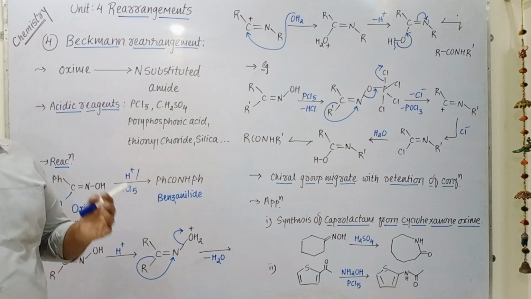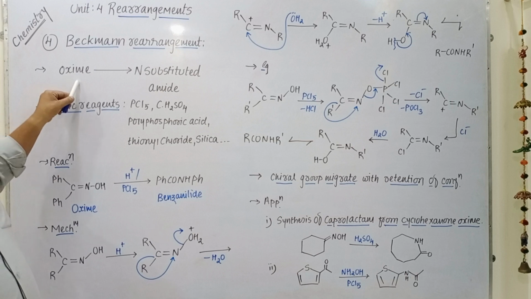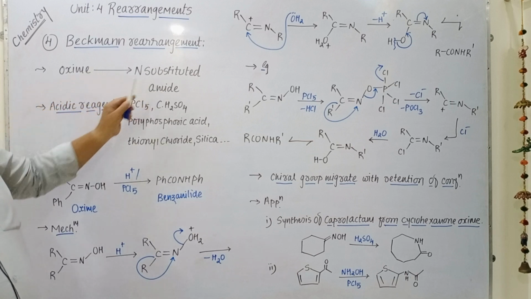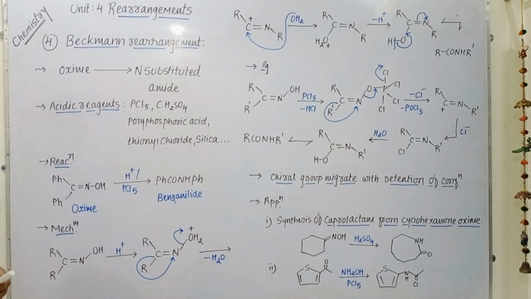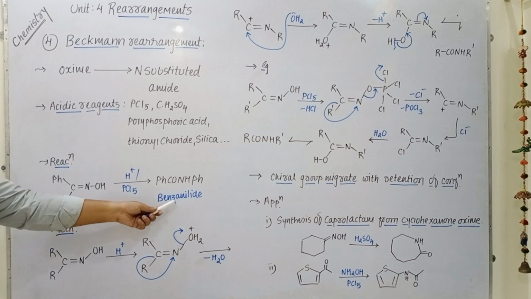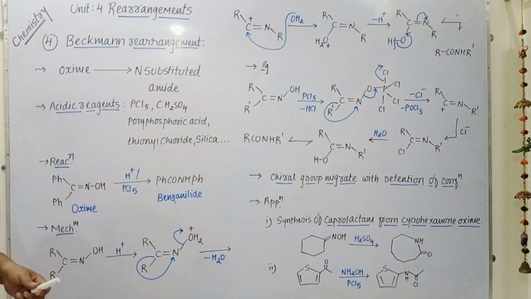Such acidic reagents are mainly used to convert oxime to N substituted amide, right? With an example reaction we can see that the oxime will be converted into benzanilide in presence of an acidic reagent such as H plus or PCl5, that is phosphorus pentachloride.